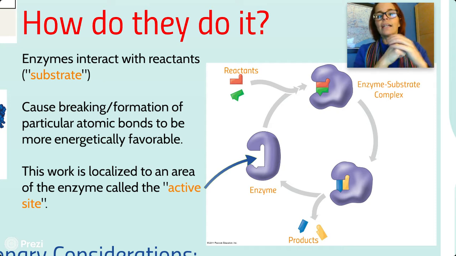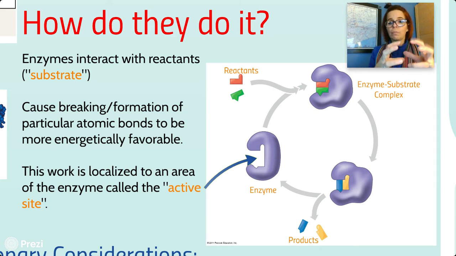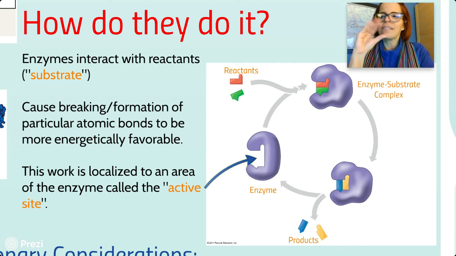Let's imagine that hydrogen peroxide is right here. It fits in perfectly to this little spot on the enzyme substrate complex, kind of like a puzzle piece, only the puzzle pieces are bendy, which we'll talk about in just a second.